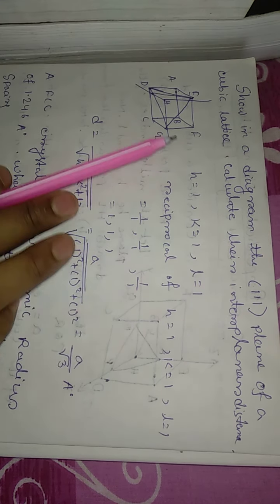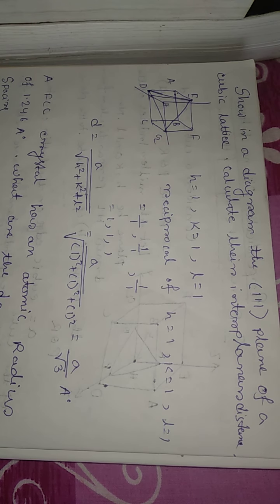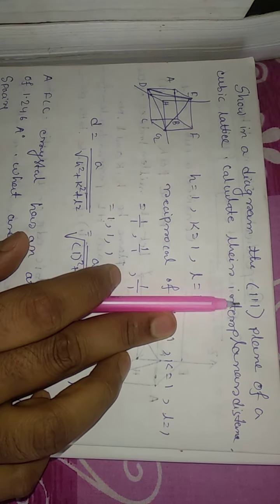That plane is your 1 1 1. As you proved in the previous lecture, for the perpendicular distance between a plane and the origin of the cube, the plane was given as h k l. Now the value given in your numerical is that the plane is 1 1 1.